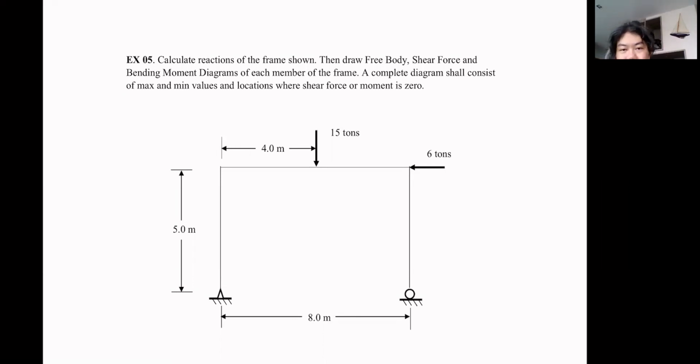So to try to solve this by using the couple and that kind of stuff may cause some confusion.